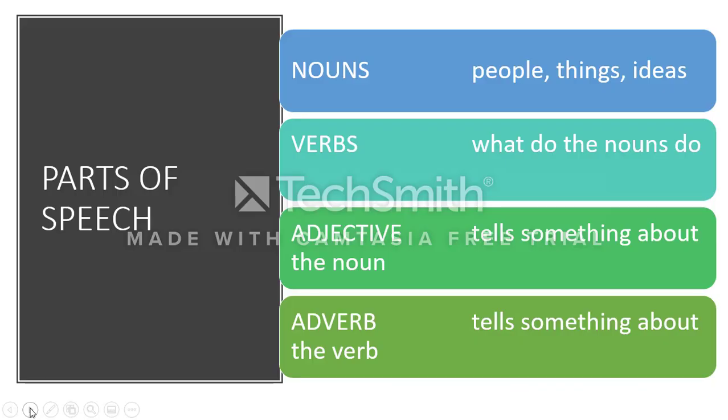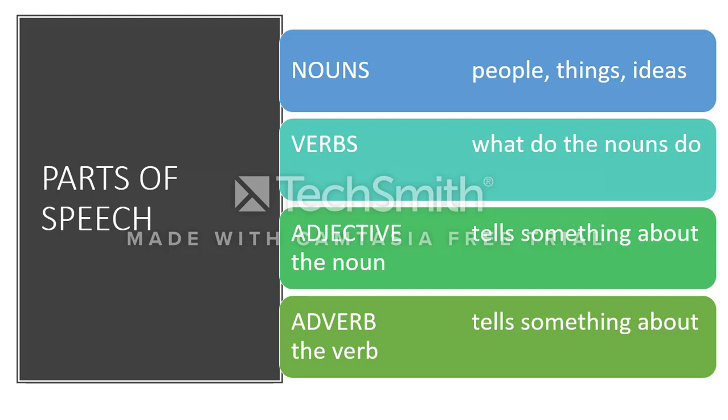So, two classes or a class ago, we were revising words. Remember vocabulary, how important it is to know vocabulary, what words mean in a language. And now I want to revise the parts of speech. We have the main ones, like nouns, verbs, adjectives, and adverbs.